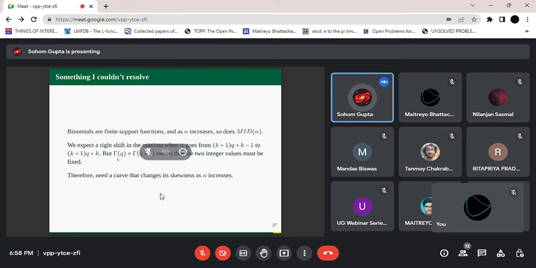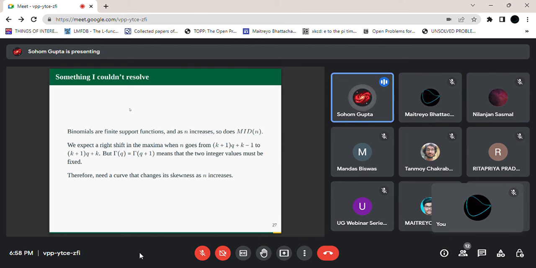However, we still have to solve this condition gamma q equals gamma q plus 1, which means that despite a shift in the entire graph and in the maxima, they have to have the same value on the two different integers q and q plus 1. That means it just can't be a nice shift. There has to be a shift in the skewness of the curve.